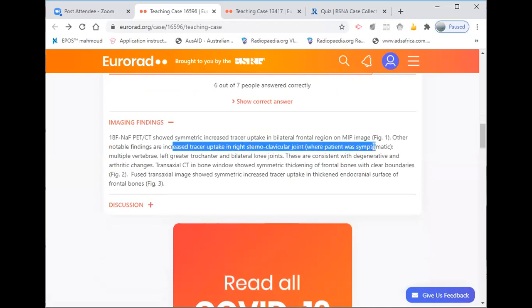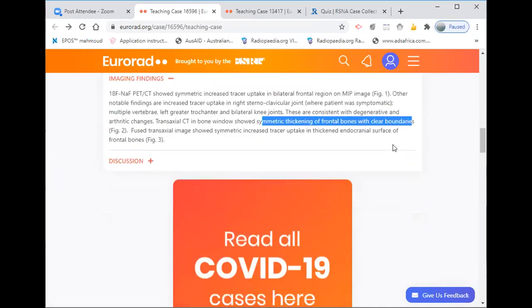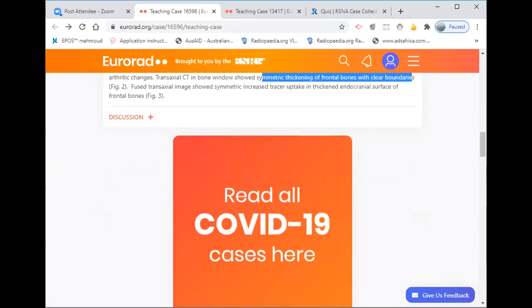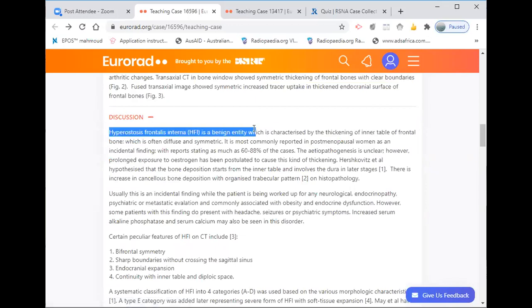So there is right sternoclavicular joint increased uptake. And also you can see that there are multiple vertebrae and joint spaces with uptake, which is consistent with degenerative and arthritic changes. And there is symmetrical thickening in the frontal bone, which when we see the uptake and the appearance in CT, is more characteristic of hyperostosis frontalis interna, yes.